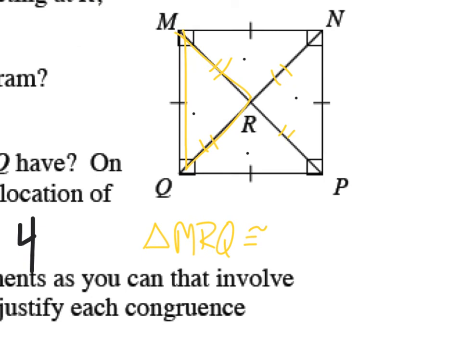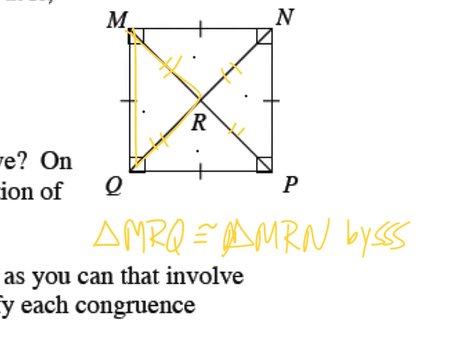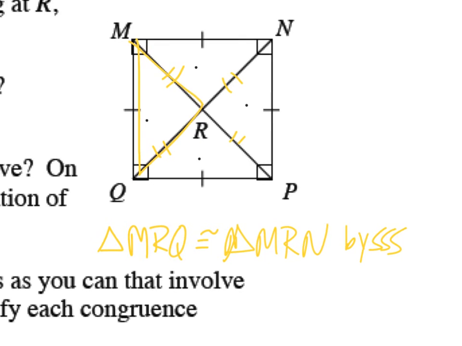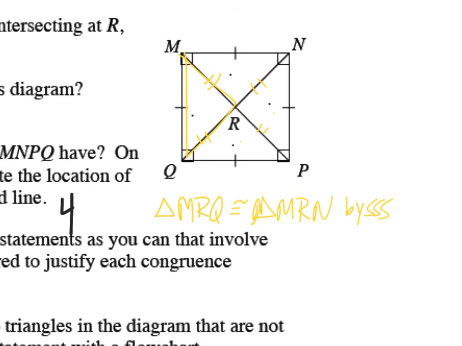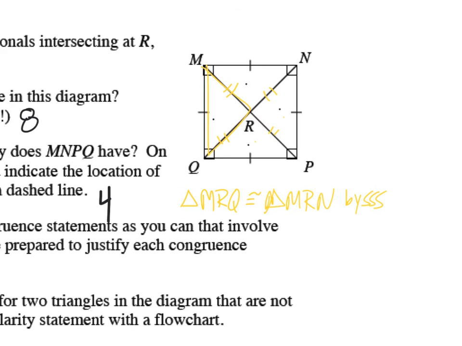So for example, triangle MRN by side, side, side. And I can do the exact same process for the other 2 smaller triangles there, and I could repeat it for the larger triangles as well. But again, just getting into the idea that triangles can be more than just similar, but they can also be congruent if they have a scale factor of 1, which is what the next slide is going to hit on.